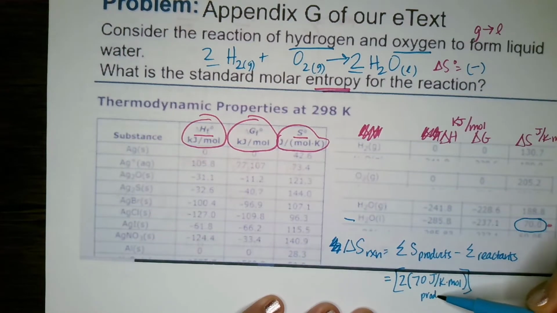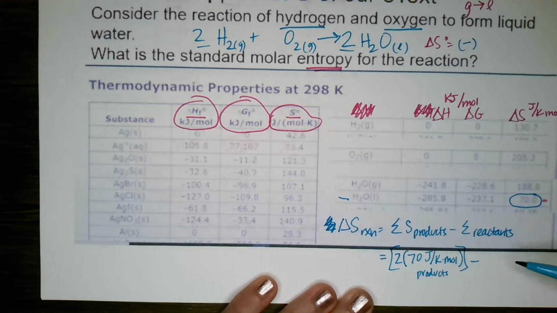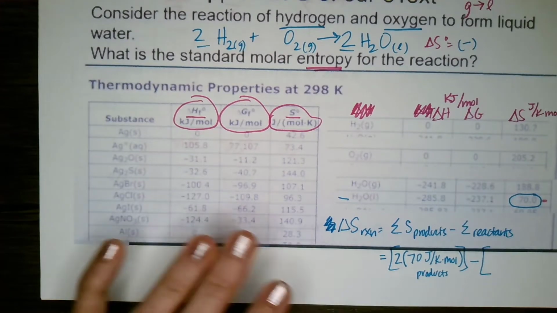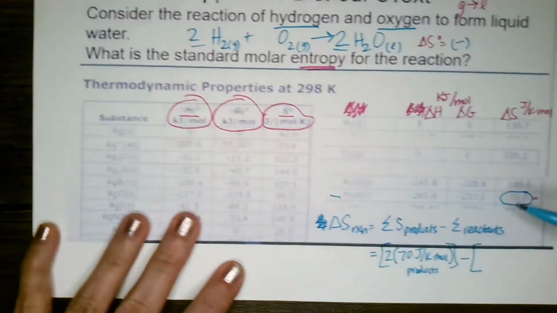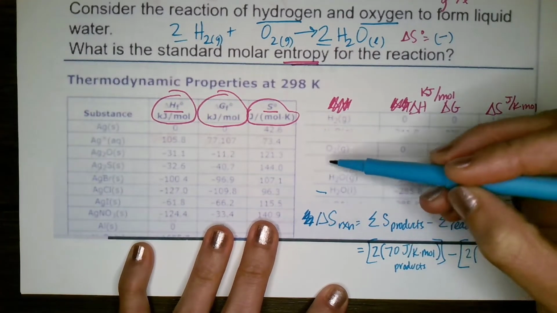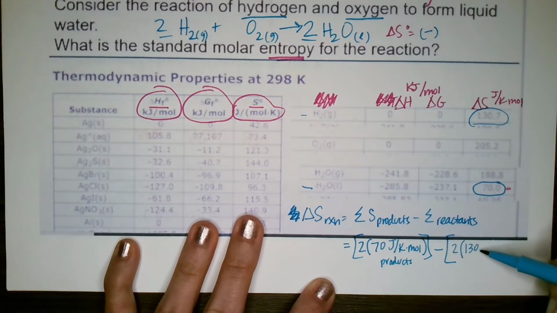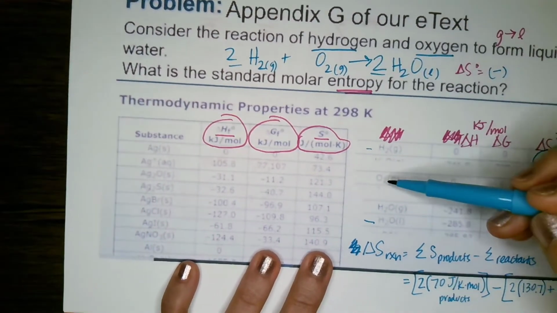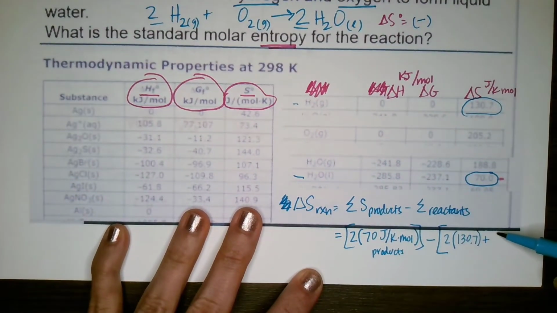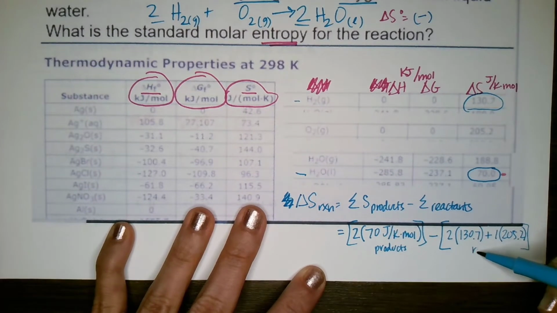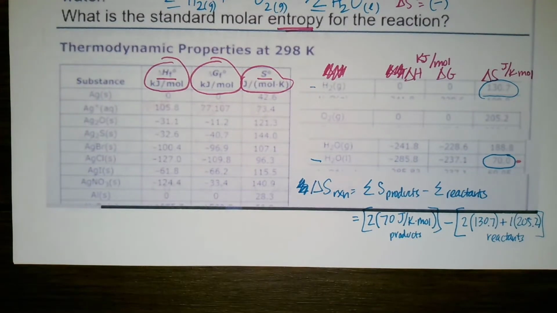Those are my products. Minus, let's do our reactants. We have 2 moles of H2, so we're going to do 2 times, here's my H2, 130.7, plus 1 mole of O2. There's my O2, so 1 mole of 205.2. These are my reactants.